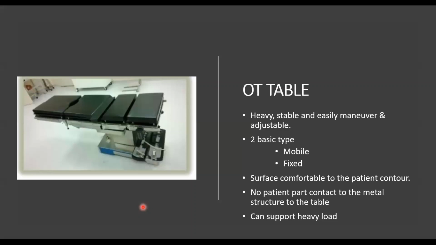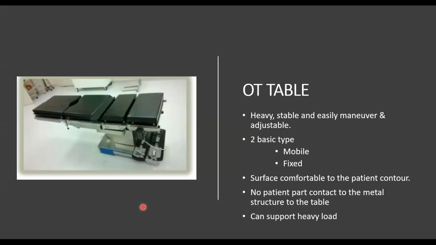Okay, OT table. It is a heavy table, and stable, and must be easily maneuvered. There are two basic types, either mobile or fixed. In our hospital, usually it is a mobile system. The surface must be comfortable and follow the contour of the patient's body.